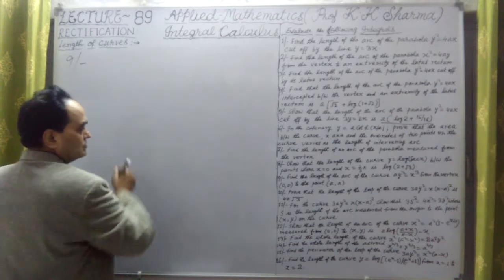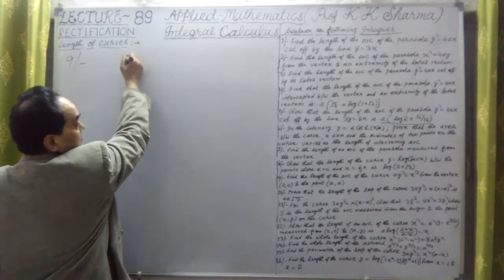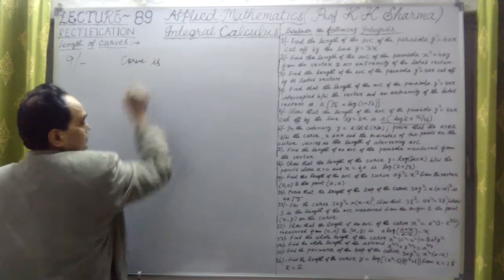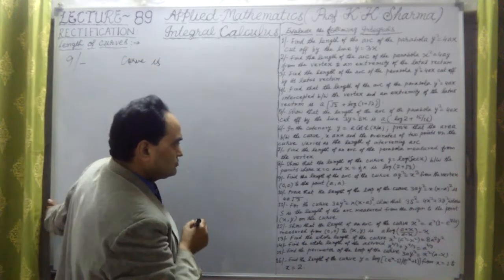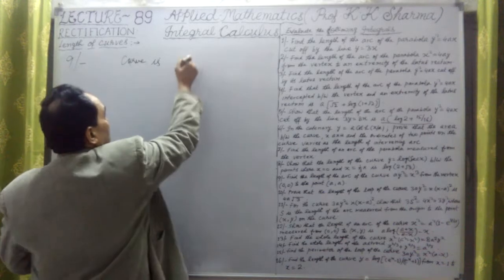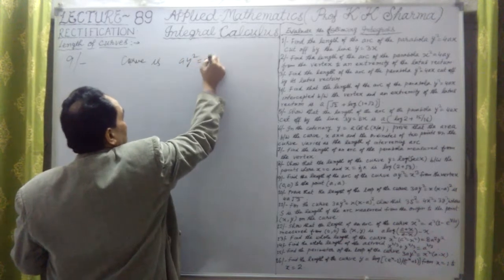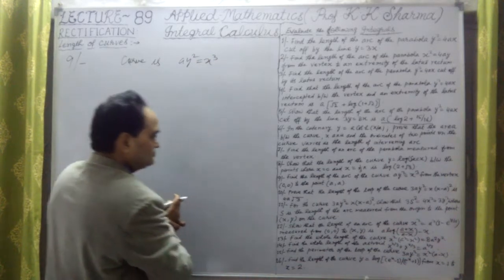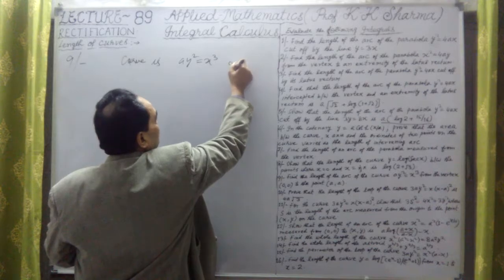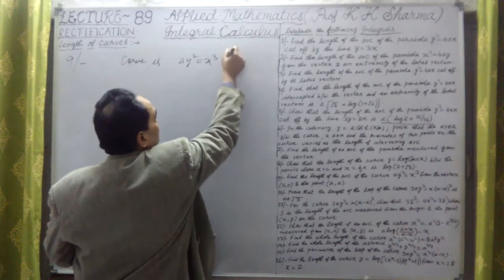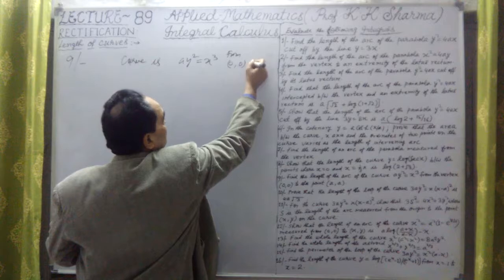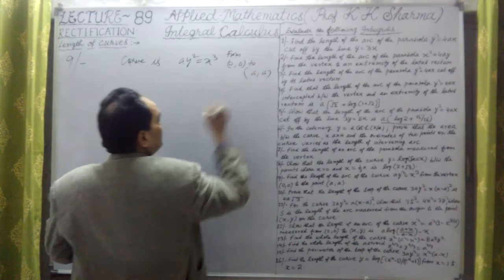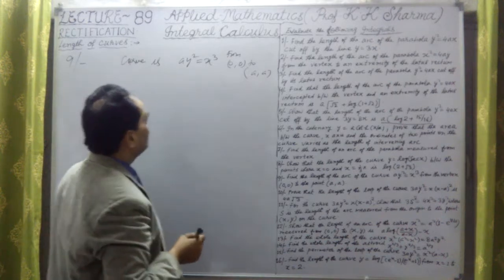Okay, let us find out this. The curve is a y square equal to x cube, from the vertex 0, 0 to the point A, A. So limits 0 to A we have to put.